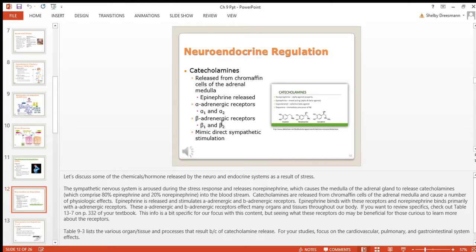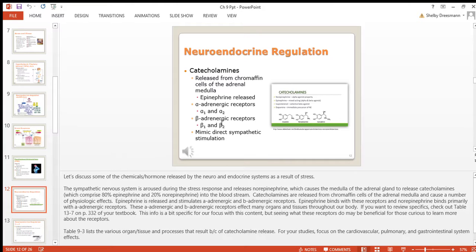Catecholamines are released from chromaffin cells of the adrenal medulla and cause physiological effects. So epinephrine stimulates A and B adrenergic receptors.